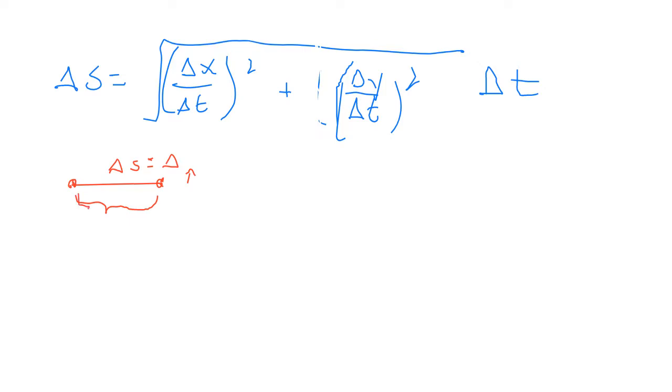Sure, we know that. Here's 2, here's 5. What's the distance, everybody? 3, right? You took a difference of x values. So in the case of a horizontal arc, delta s will equal delta what? I'm looking for a variable.